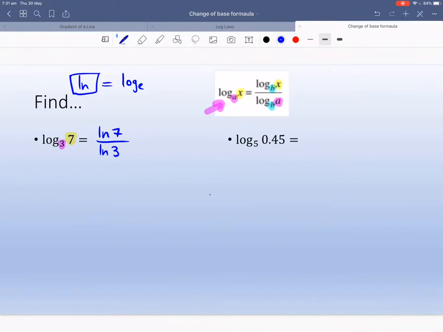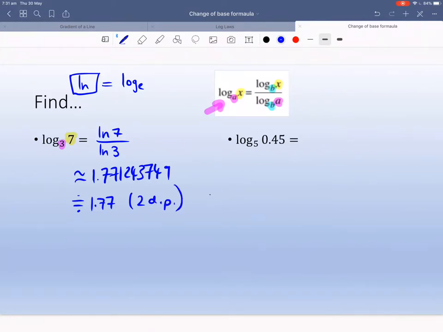It should give me an answer. Make sure you put all your brackets. And I get approximately 1.7712437449. I'll round it off to 2 decimal places: 1.77.